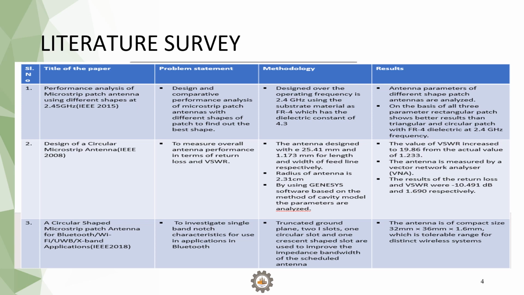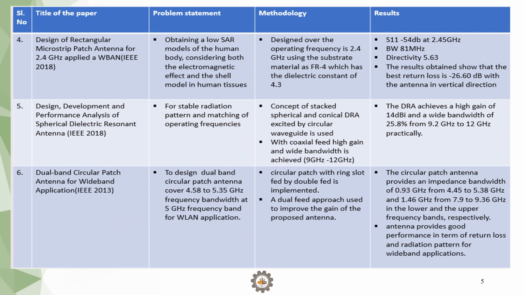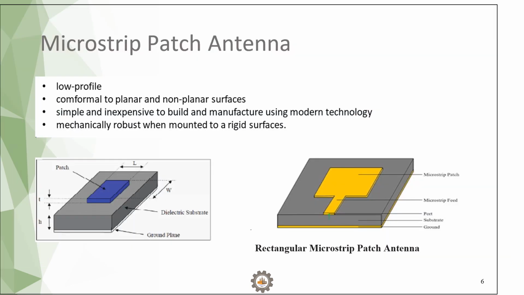We analyzed these papers, the problem statements they provided, the methodology they adopted, and the results were taken into consideration to adapt new techniques in our current project. Similarly, there are many more papers, such as design of rectangular microstrip patch antenna at 2.4 GHz, as well as design, development, and performance analysis of spherical dielectric resonator antenna. After completing the literature survey, let us know about the microstrip patch antenna.